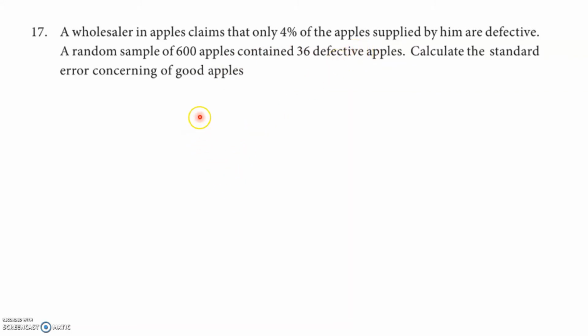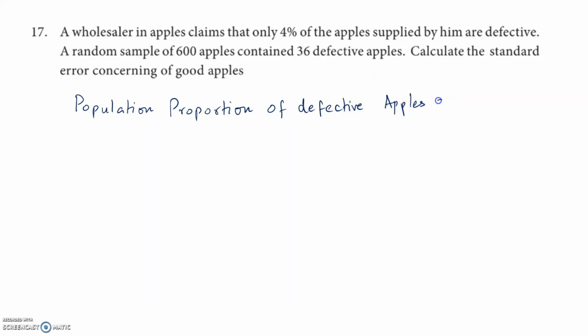So our population proportion of defective apples is equal to 4%, that is equal to 0.04.